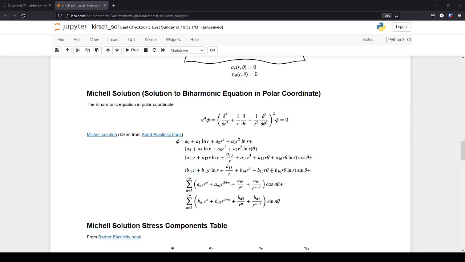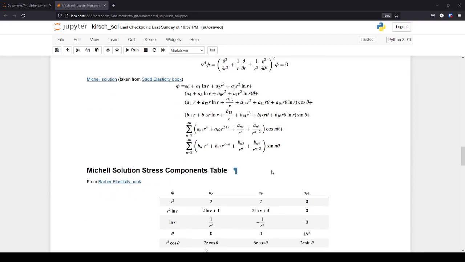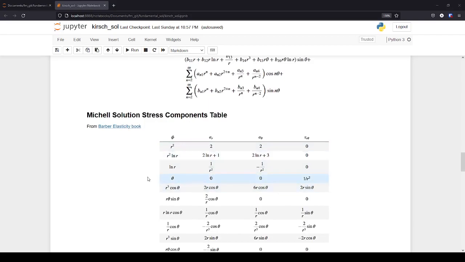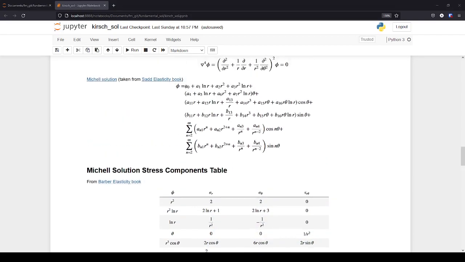But which terms to select? A methodology was used by Dundurs and later by Barber, and I was also inspired by this table, where for each term you can find sigma r, sigma theta, and tau r theta for each term in the phi solution.